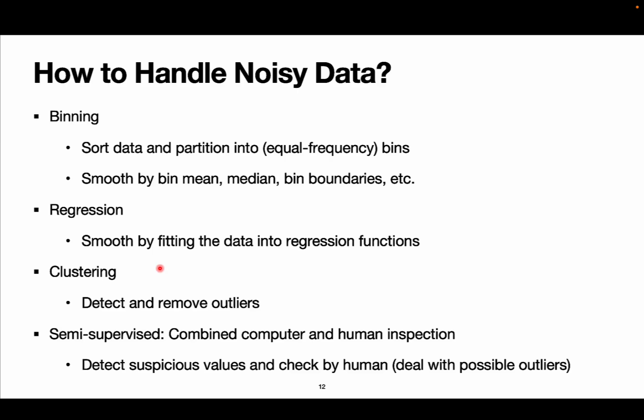Clustering helps with creating groupings inside the data and then uses these groupings to detect and remove outliers. The semi-supervised method involves a human in the loop. So whenever the program raises a red flag, a human should go and inspect.